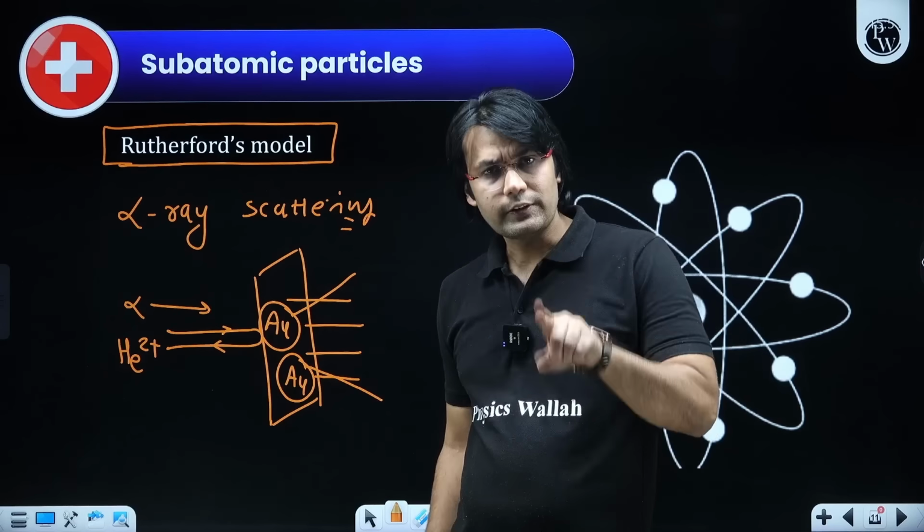Not only this, instead of writing lambda equals h by momentum or h by mv, you can also write this formula in terms of kinetic energy or stopping potential. Momentum can also be written as square root of 2 into mass into kinetic energy. So de Broglie's equation can have one more form, which is h by under root of 2 into m into kinetic energy, the mass of the particle into the kinetic energy of the particle.